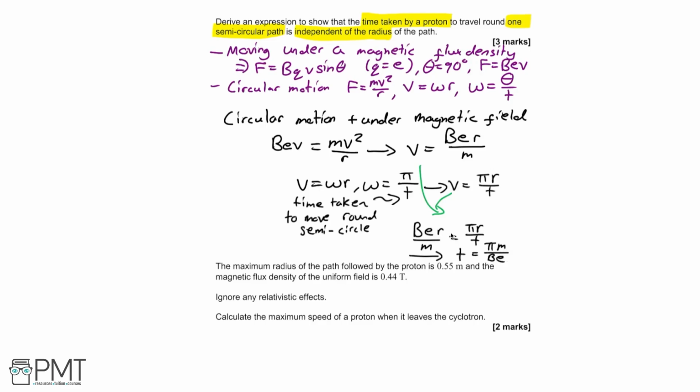So what we've done is we've divided both sides by r because it cancels out. Then we've multiplied both sides by m and divided both sides by BE. And then finally, just to round things off, we need to say that this is independent of r.